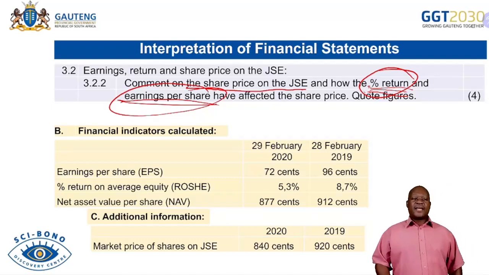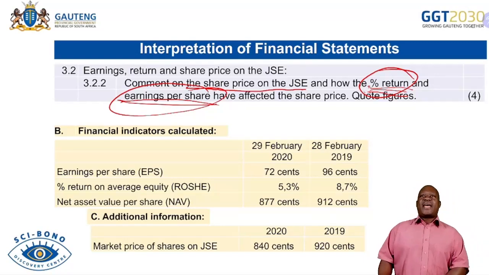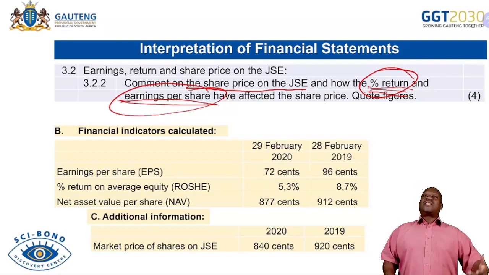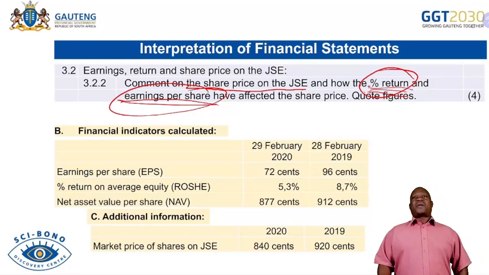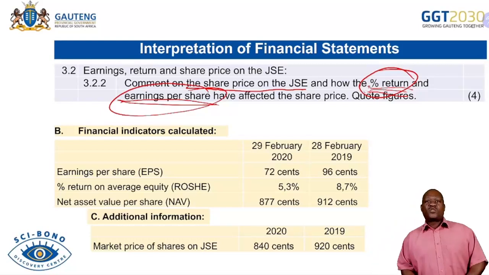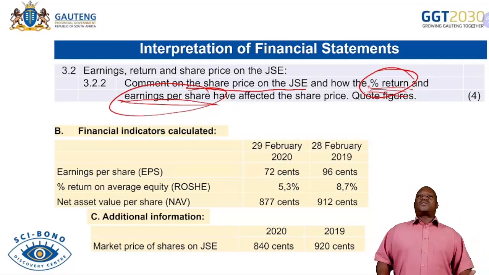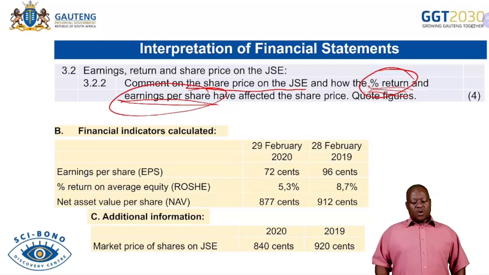So we are saying here, whatever happened to our percentage return has a significance on what is taking place on the share price on the JSE, as well as what happens to our earnings per share has a ripple effect on what is going to take place on our share price on the JSE.